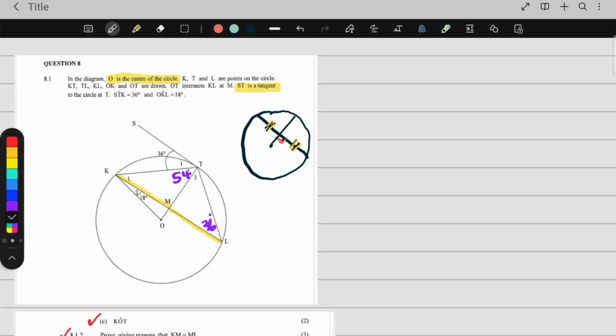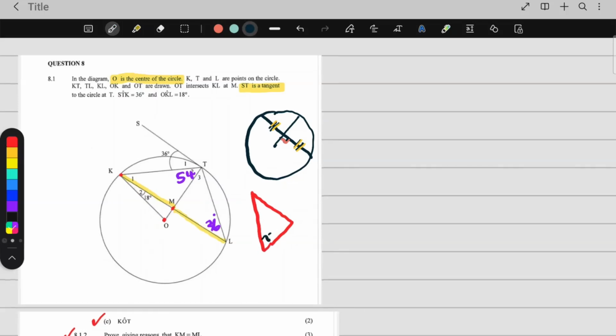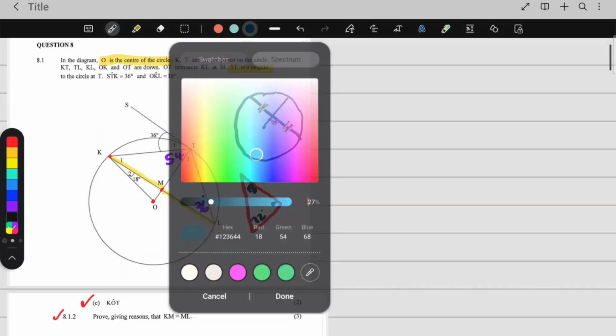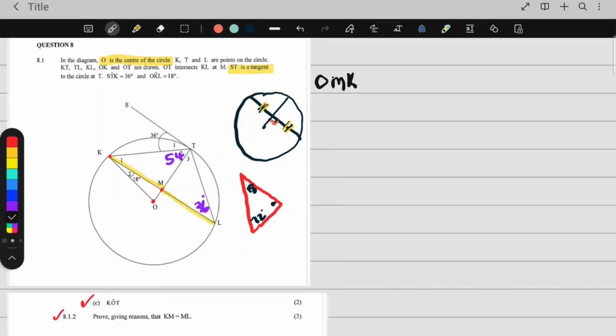Now in triangle OMK, I'm going to take that triangle out just to show you. We worked out this is 72. It was given that this is 18. Can't we work out the size of angle M? So angle OMK is equal to 180 minus 72 minus 18.